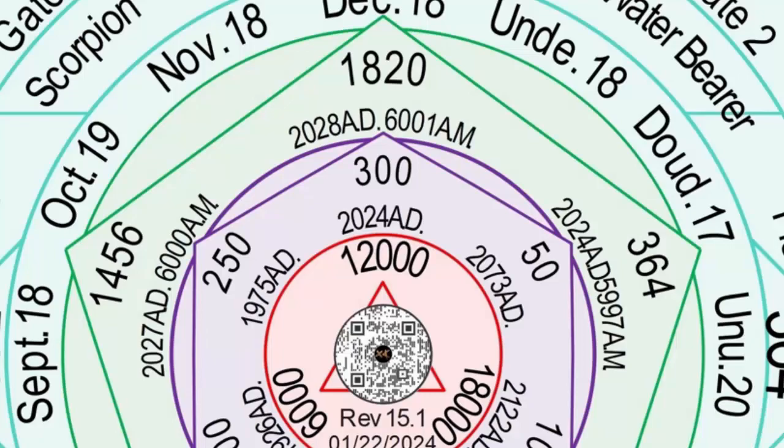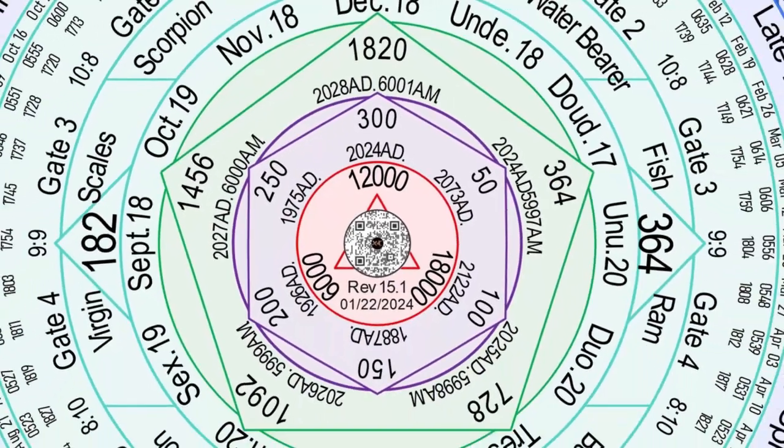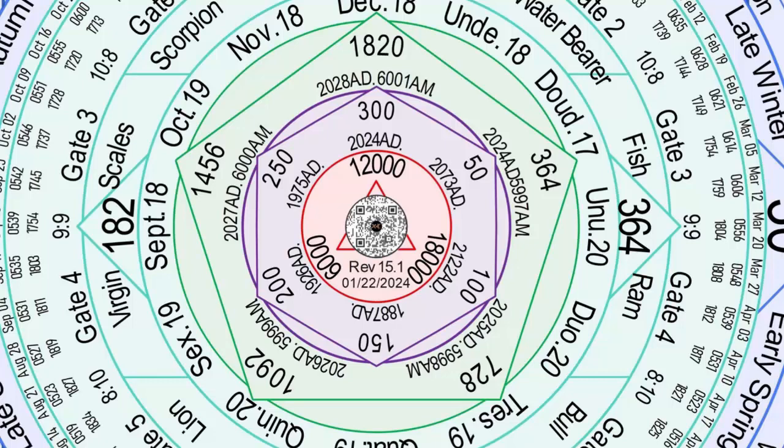That's talking about Anno Mundi. And if we go all the way around, we'll see that 2028 AD is actually 6001 Anno Mundi. Okay. Which is the year in which we expect the new heaven, the new earth, the kingdom of heaven, the whole big... Everything we've been waiting for this whole time.